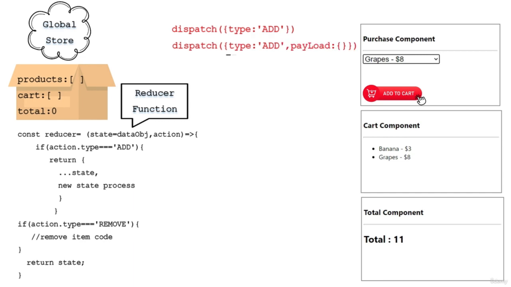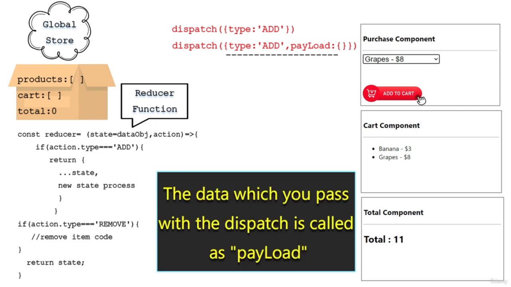Like in this second syntax, I'm supposed to add the data and there is some additional information. Here I'm passing the data which I want to add, for example. That data which you pass with the dispatch is called payload. You can name it whatever you want to.